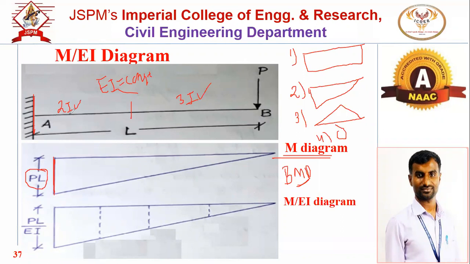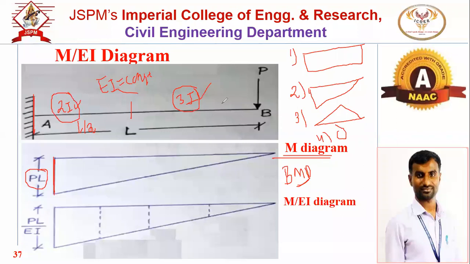Okay, so variation of moment of inertia indicates change in cross section. Suppose for the first left half span the moment of inertia is twice of I, and for the second half span the moment of inertia is 3 times of I. So what does it indicate? It indicates change in cross section.